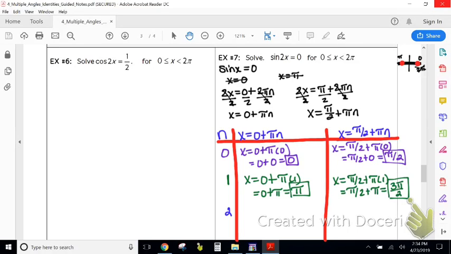Alright, so we're going to plug in 2. And we get 2 pi. Is that between 0 and 2 pi? No. Then plug in 2 on the other side.